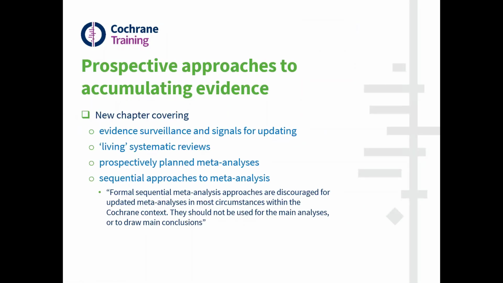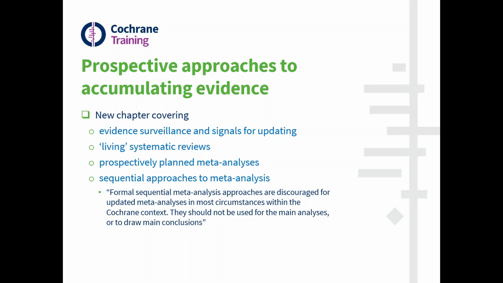Great. So just very quickly, some of the extra chapters towards the end of the handbook. James has already mentioned some of the issues we've included in this expanded version of a chapter on prospective approaches. Whereas in version 5, we had a chapter about prospective meta-analyses or prospectively planned meta-analyses, we've added some more content to generalize this chapter.